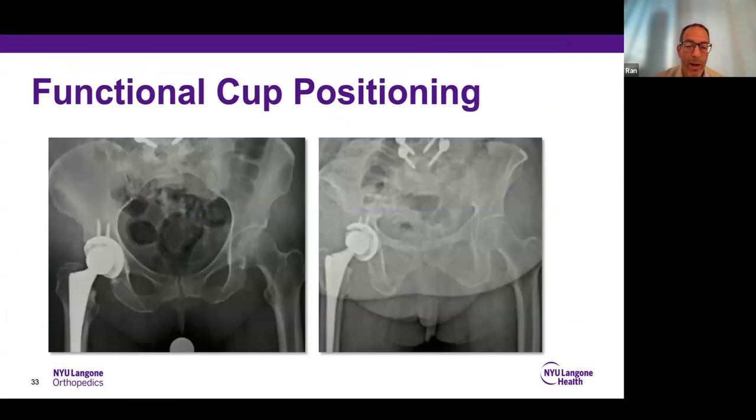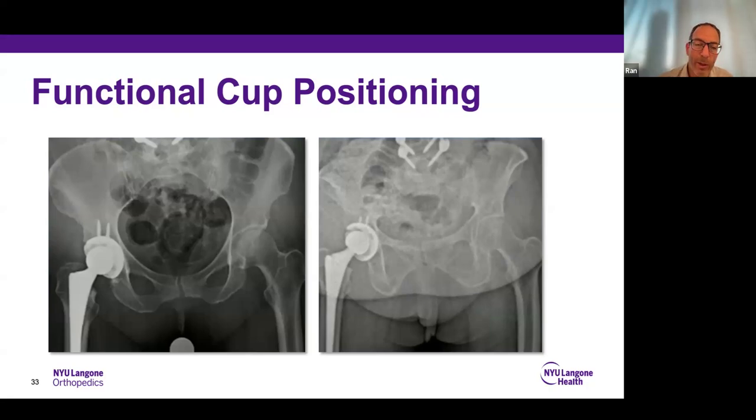The cup becomes more anteverted as the pelvis is extended, more open, and that can lead to a posterior impingement and anterior dislocation. Or patients like the image on the left that are fixed in a standing position: when they sit down, their pelvis doesn't move, and then they can have an anterior impingement and posterior dislocation. This is a little bit more advanced hip replacement.